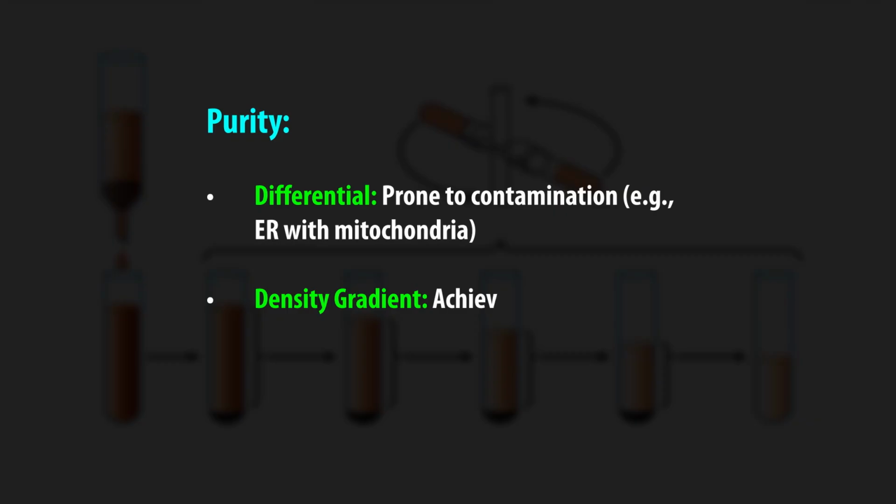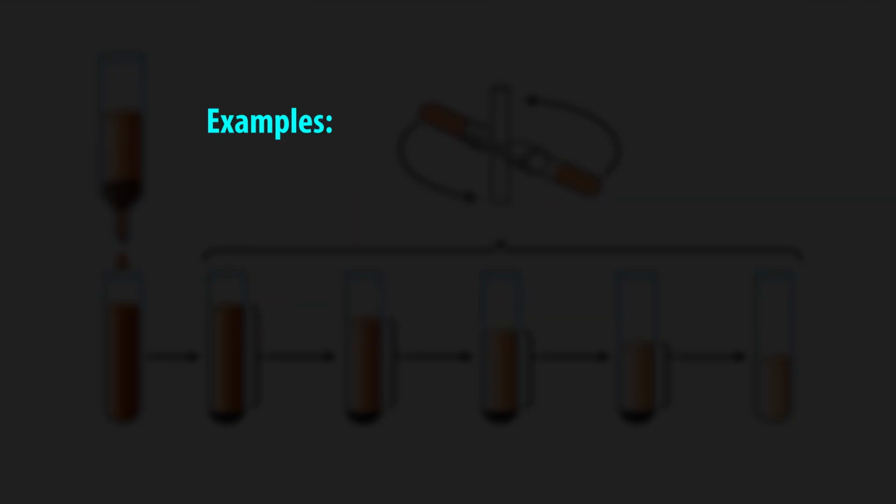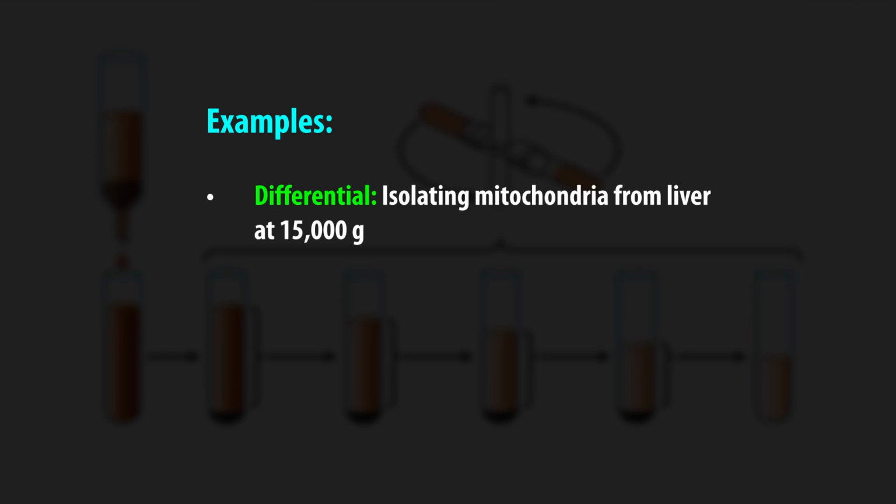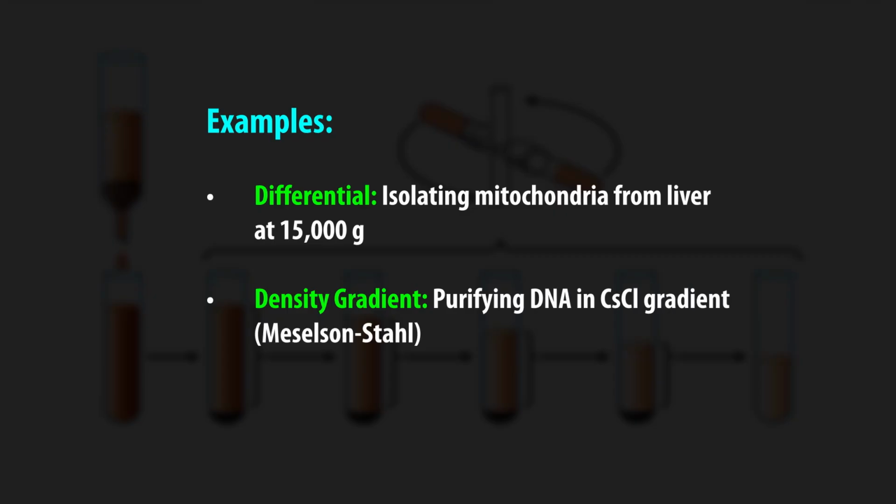But density gradient centrifugation achieves higher purity with distinct banding. Last are the examples. Differential centrifugation involves isolating mitochondria from liver at 15,000 g, but in density gradient, purifying DNA in cesium chloride gradient, which is the Meselson-Stahl experiment.